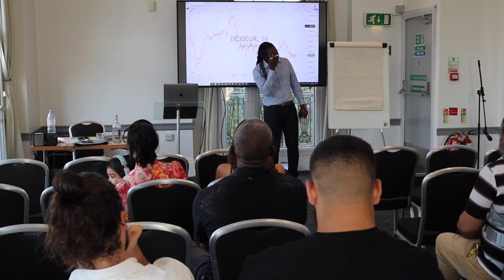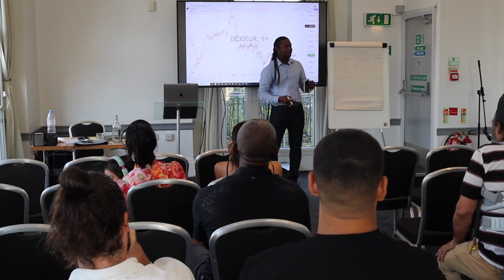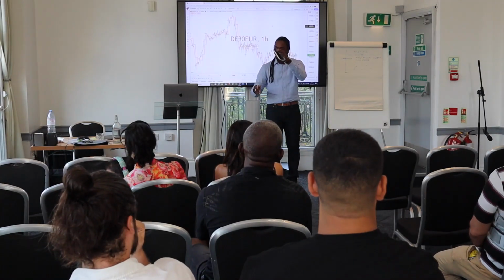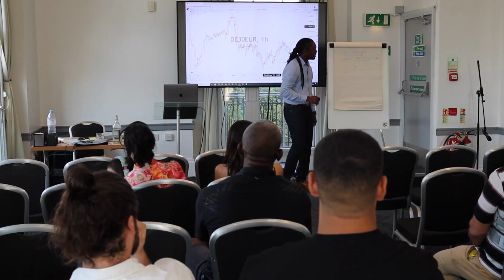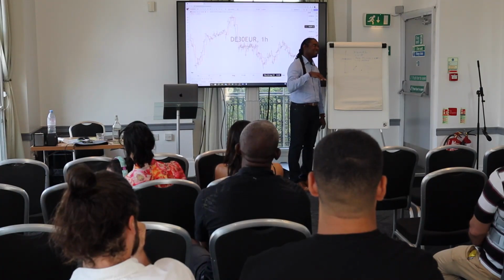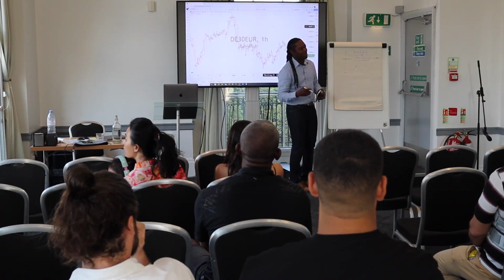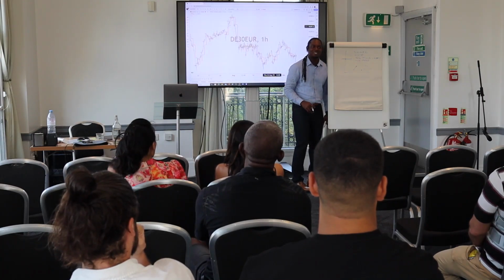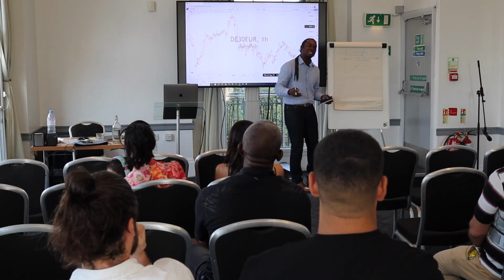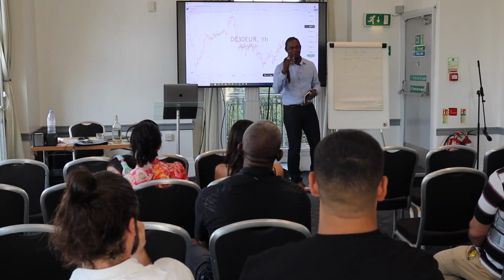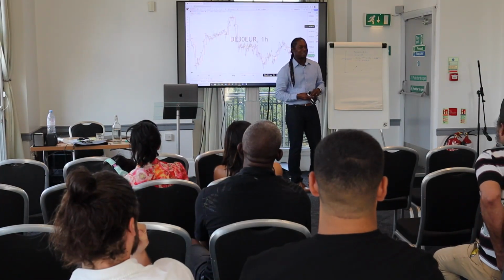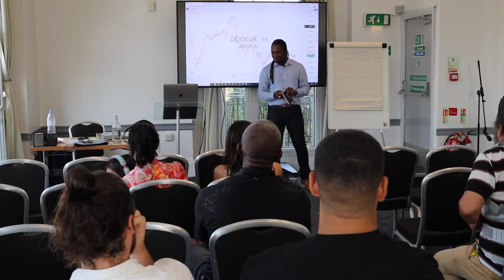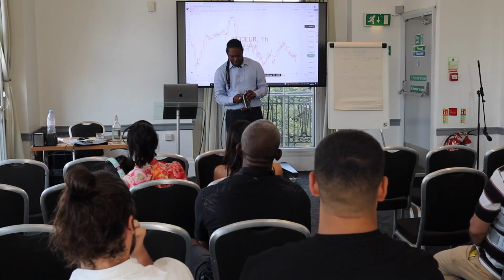Then they may win some, they may lose some, and the portfolio is going up and down. They're trying to figure out what is going on. Why am I not seeing growth in this account? Probably it is my strategy, so they change the strategy to something else, buy another indicator, buy another robot. We were talking about robots as a big thing. But that is not how the market works.